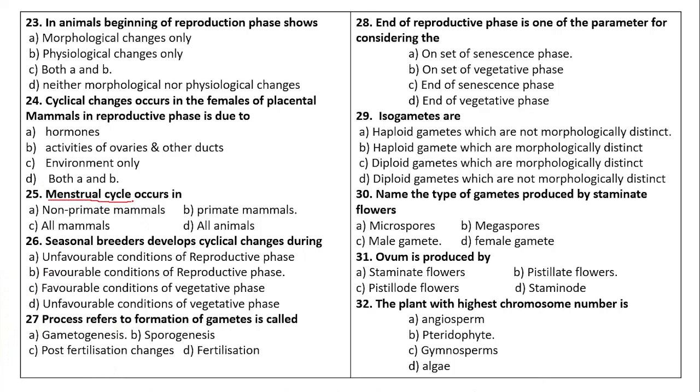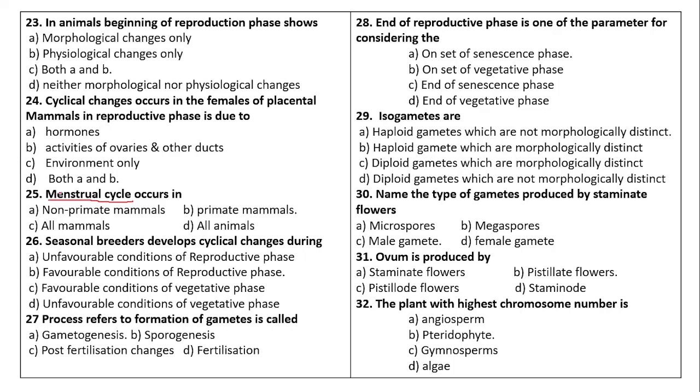The menstrual cycle is the reproductive cycle found in the female primate mammals. In female mammals we can see reproductive cycles, and those in the female primate mammals are called the menstrual cycle. In the non-primate female mammals, the reproductive cycle is called the estrous cycle.